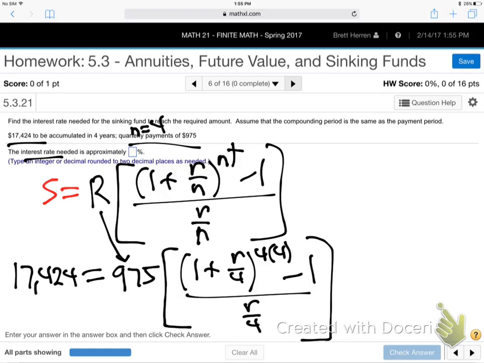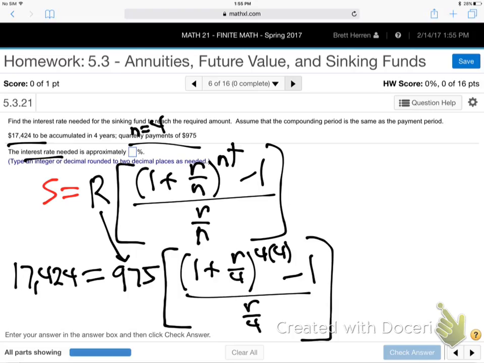Now, how are we going to solve that for r? Graphing calculator. Way too hard by hand. Why can't we just do it with natural log? Sometimes I say use natural log, sometimes I don't. Remember, natural log is when the letter, which is r, is in the power. Generally that's what we've seen.